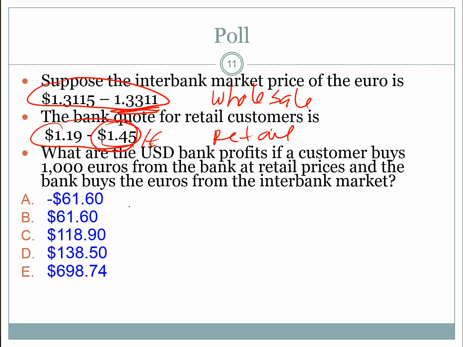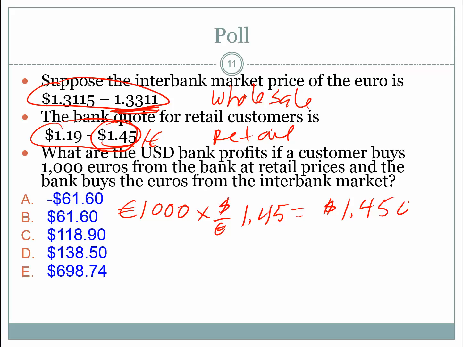Well, from the perspective of the bank, their customer is going to pay that high price per euro, $1.45. So they're going to get $1,450 from the customer to deliver 1,000 euros. So that's their revenue.